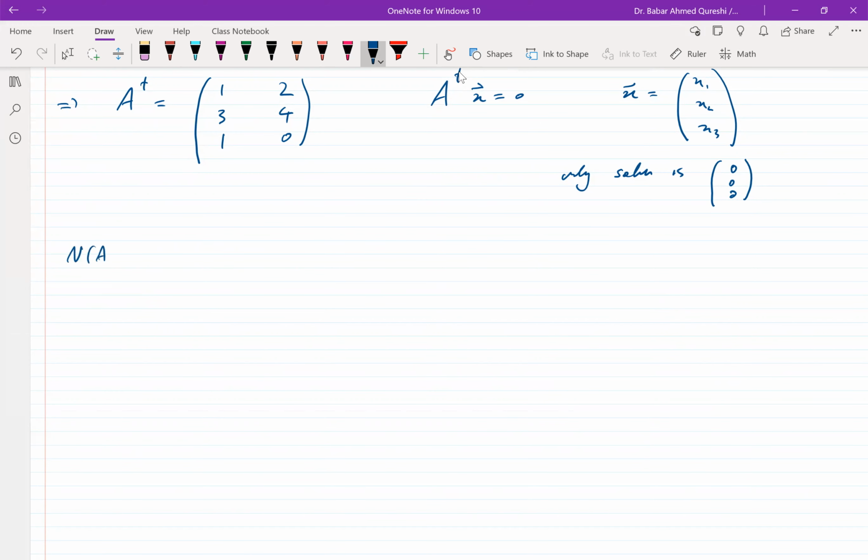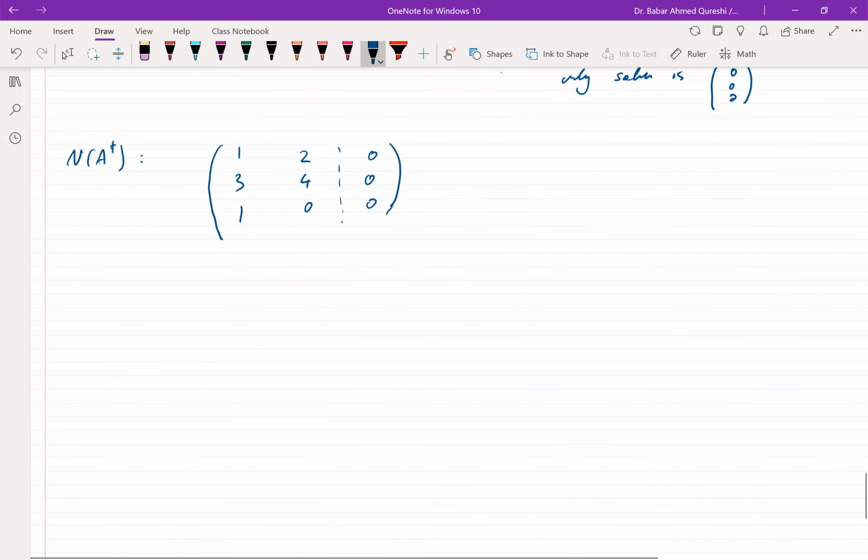So let's check if it's true. To compute the null space, I take my matrix and solve the homogeneous linear problem over here.